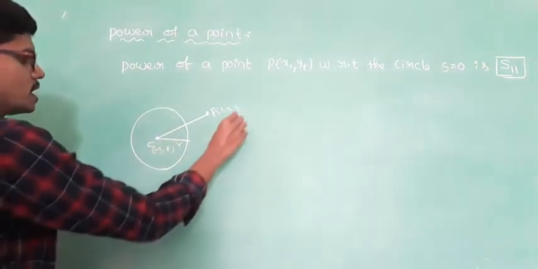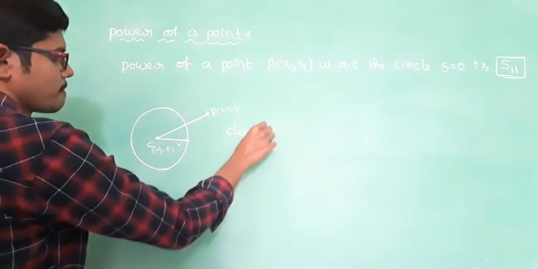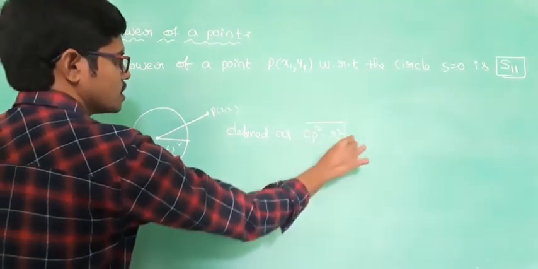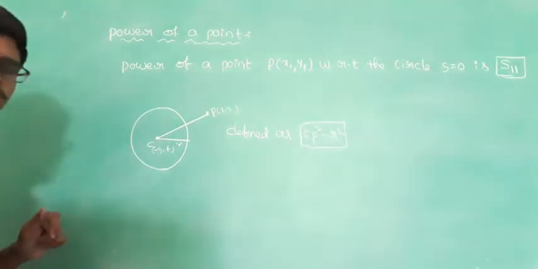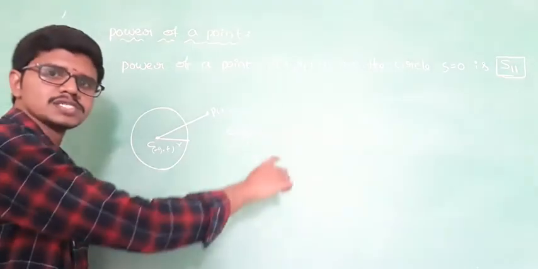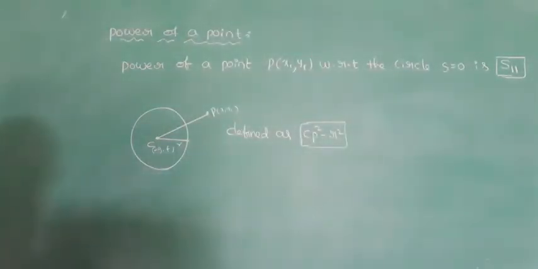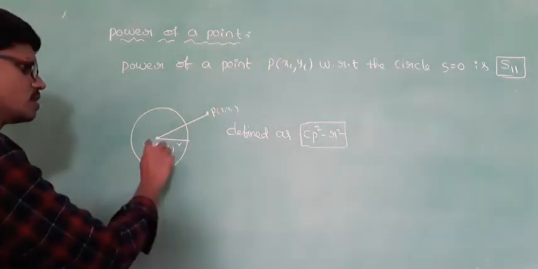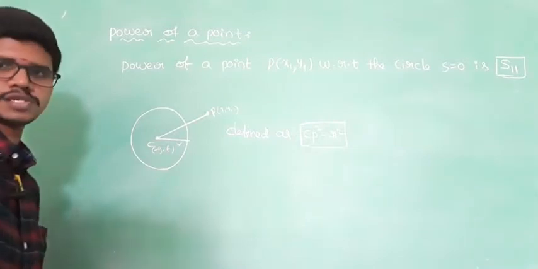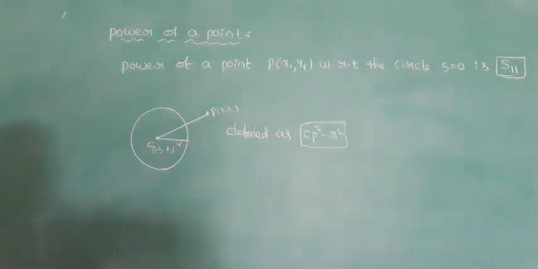The power of a point is defined as CP² − R². Already we have explained CP² − R² is nothing but S11. If you simplify it, we will get the value of S11. Okay, notation S11.